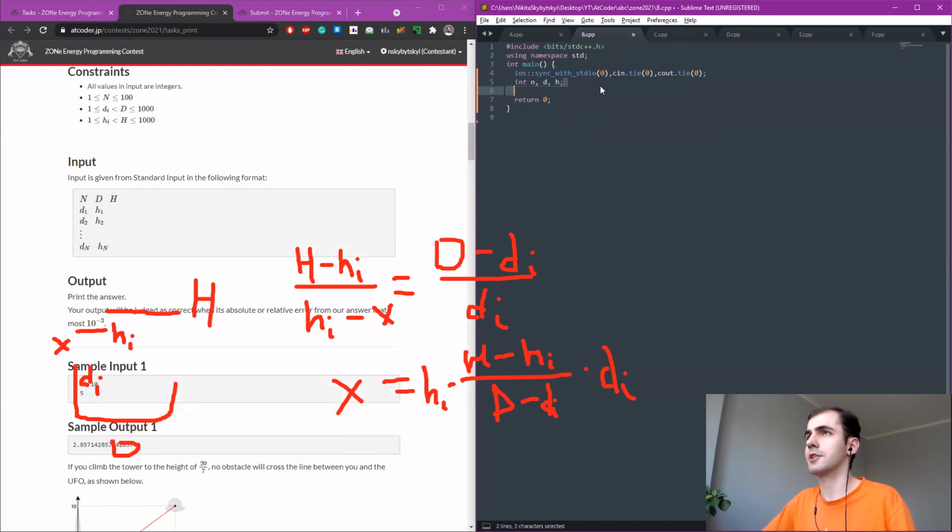So heights of all obstacles are at most the height of the tower, so there are no problems. I don't really know. Let's say answer. Well, how many digits at most? 10 to the minus 3 will print 10 digits. I'm not sure what is the order of these two guys, but either one should work fine as long as they're before A, I believe. So A is our answer.